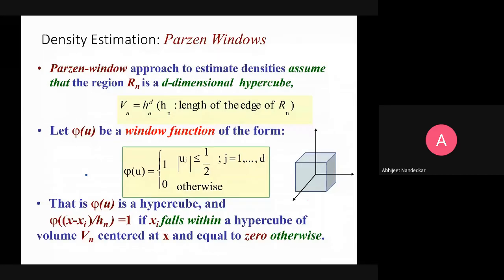Say if this is my hypercube, then this is h, this is h, and this is also h. So if this is 3 dimensional, then the volume of this, that is Vn, is equal to h to the power 3. Suppose this is a 10 dimensional hypercube, then the volume of that will be h to the power 10.